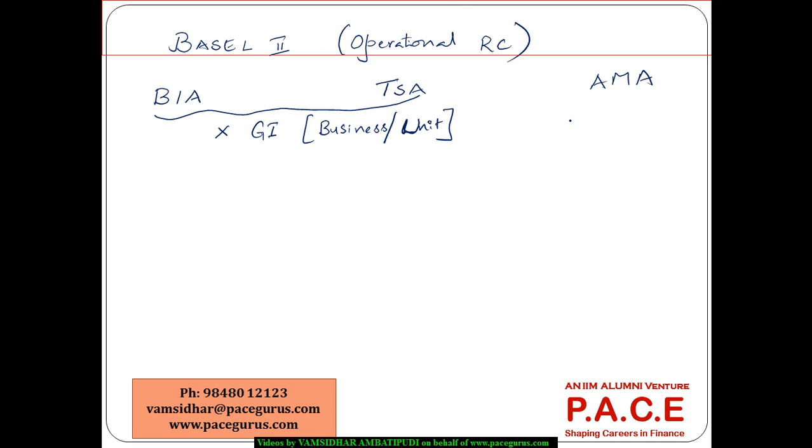But advanced management approach, we know that it is giving more and more weightage to the calculations internal. The company can drive and create its own computations for coming out with the capital requirement. And probably this is more targeted to the companies which have really good risk management practices with respect to operational risk, wherein the companies, because they have invested heavily in all these, there is a possibility that they can have lower capital requirements regarding the same.